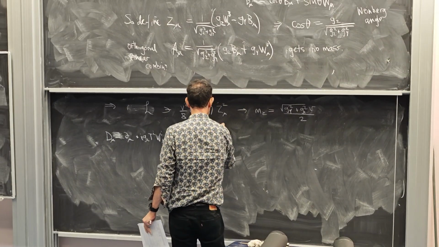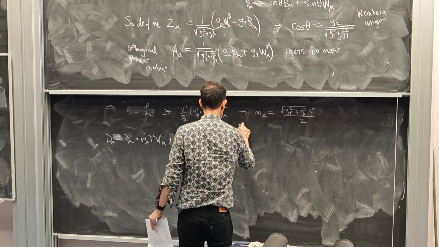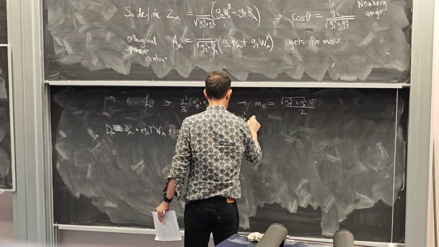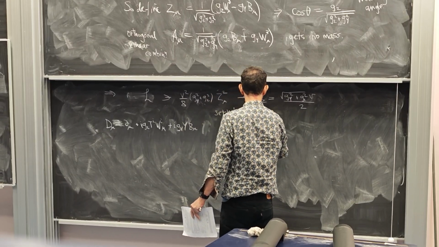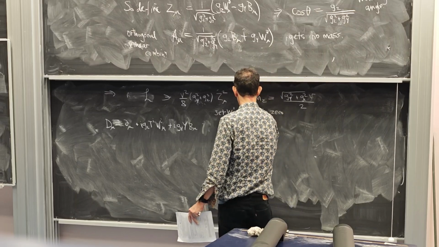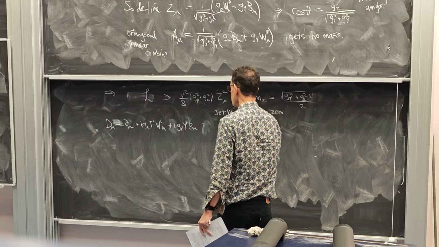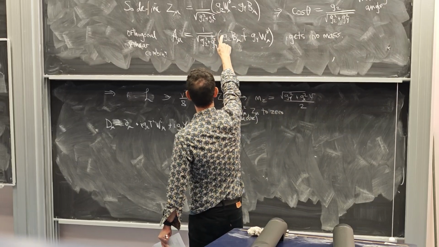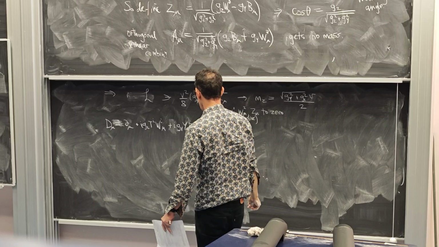So let's set W mu 1, W mu 2, and Z mu to 0 because they're massive. If you set Z mu to 0, that means W mu 3 is gY over g2 times B mu.